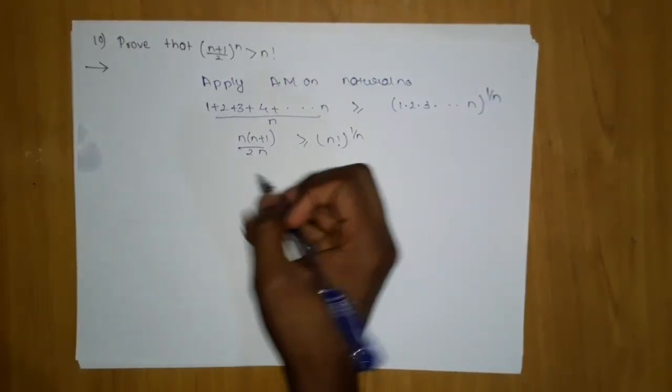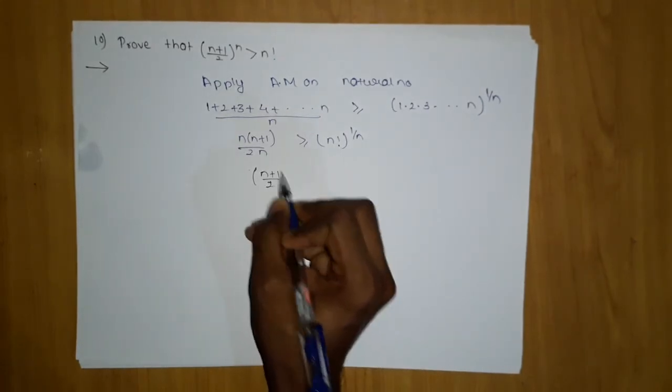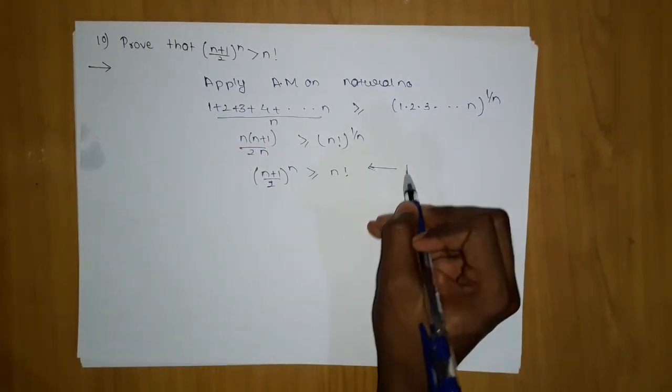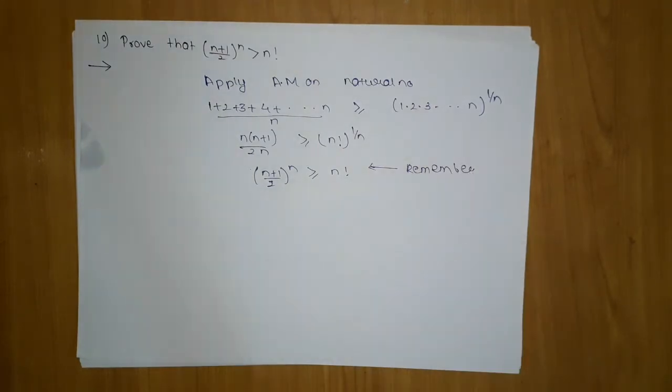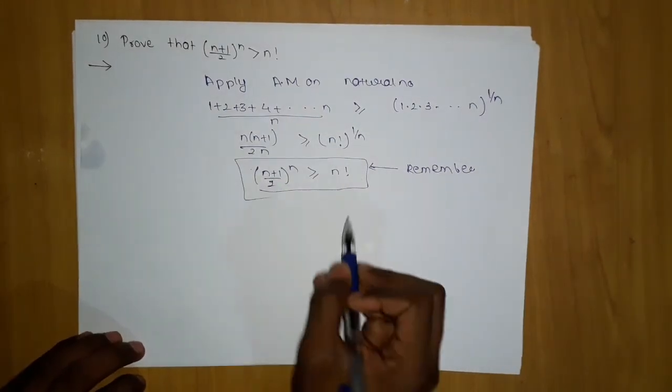If I move this here, this n will cancel out, and I will have ((n plus 1) upon 2) power n greater than or equal to n factorial. So you should remember this sum of AM greater than or equal to GM on n natural numbers. This result is quite useful. This is not a question, it is just a derivation, which you should remember. Now let's move on.